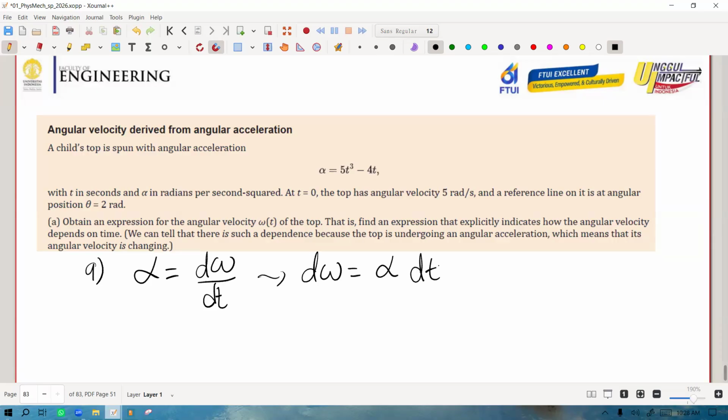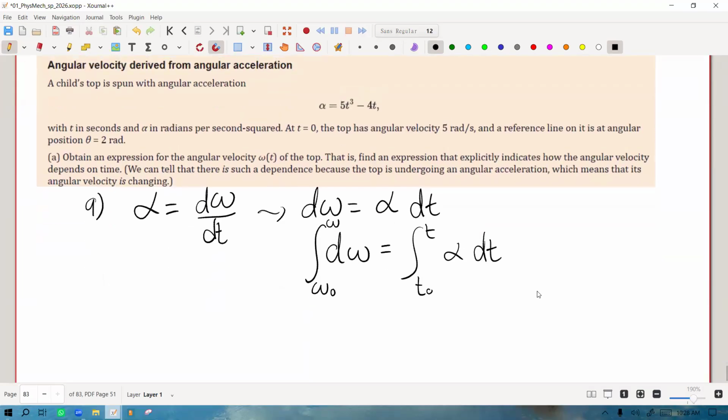If you want to find the angular velocity, we take the integral of d omega from omega 0 to omega final, and on the other side the integral from time 0 to time t of alpha dt. So it means omega minus omega 0 equals the integral from 0 to t.